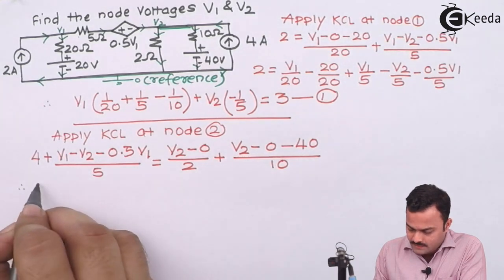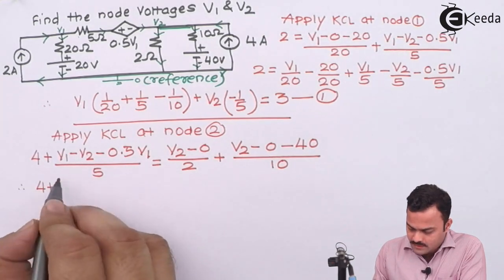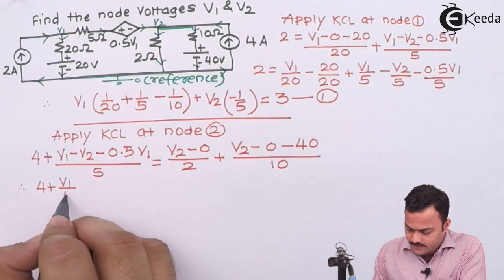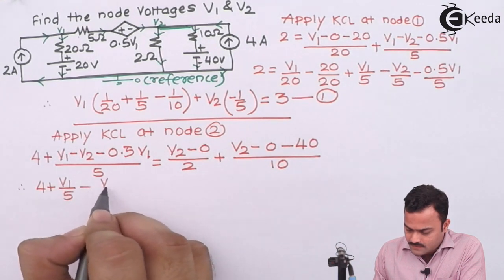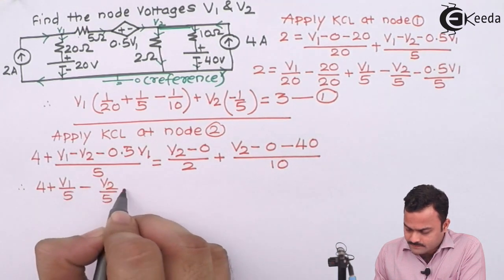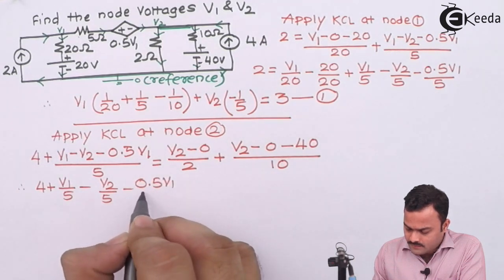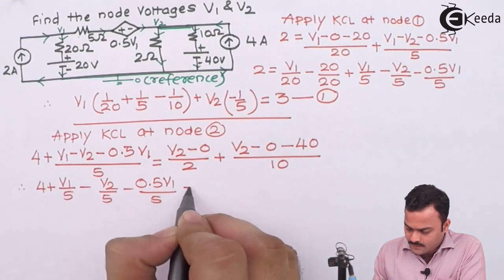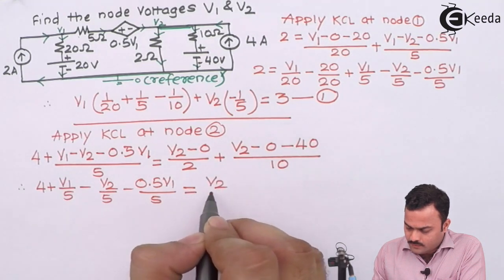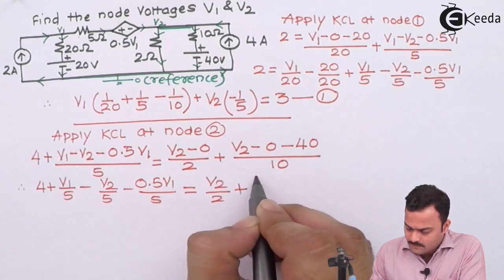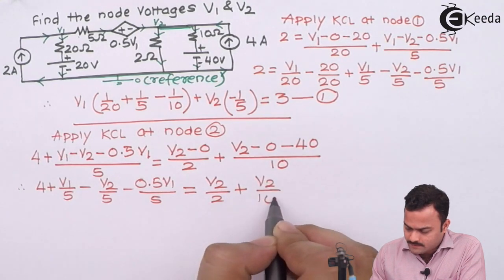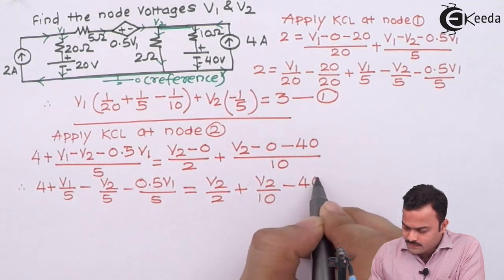Upon simplifying, 4 plus V1 divided by 5 minus V2 divided by 5 minus 0.5 V1 divided by 5 equals V2 by 2 plus V2 by 10 minus 40 by 10.